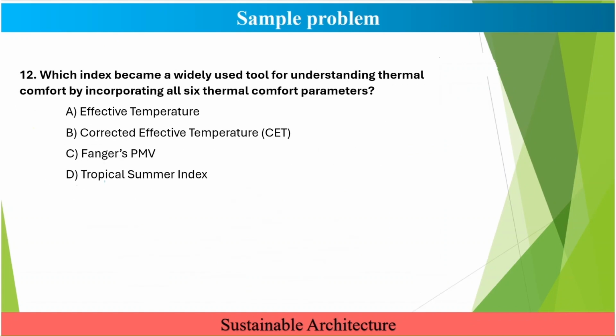Okay. Then this is question number 12 for all of you. Which index became a widely used tool for understanding thermal comfort, incorporating all the 6 thermal comfort parameters? C. Yes, sir.